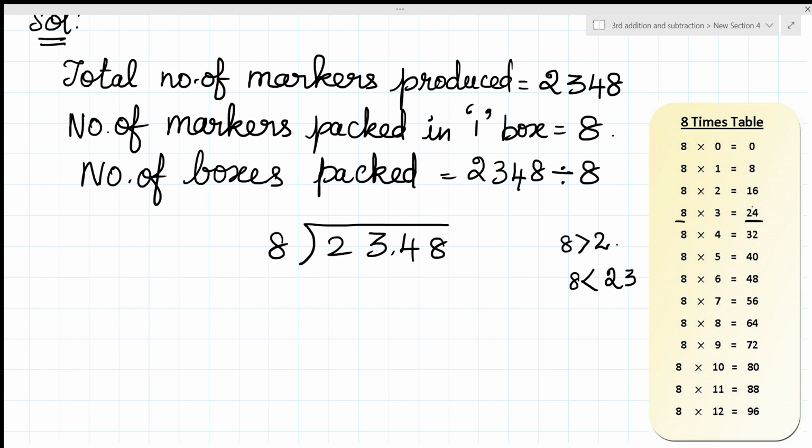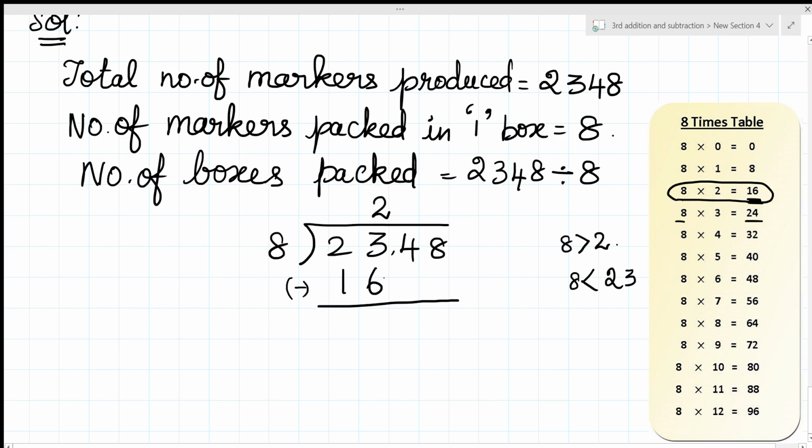So we have to choose the previous one, that is 16. 8 twos are 16. So write 2 in the quotient, 16 below the number. Now subtract 23 and 16. What will you get? 7.